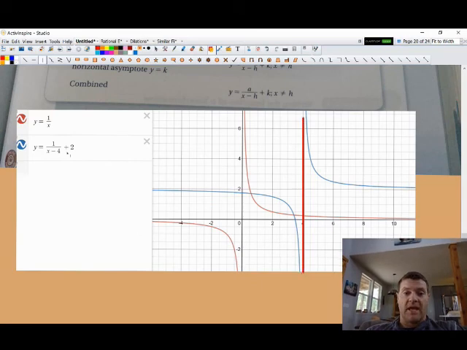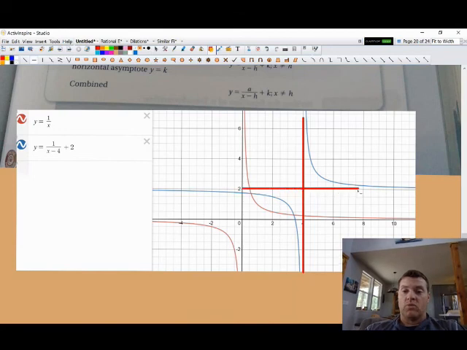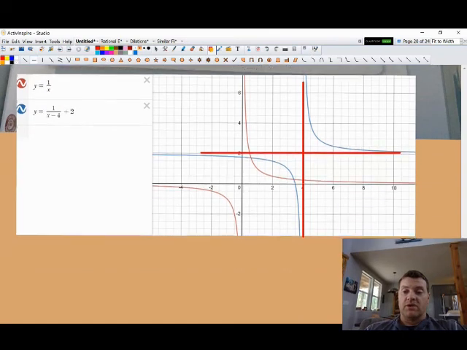So the h value down here changes my asymptote to be x equals 4. And my plus 2 moves it up. And so now my horizontal asymptote is y equals 2. Okay, you can see how that's going to now change that.